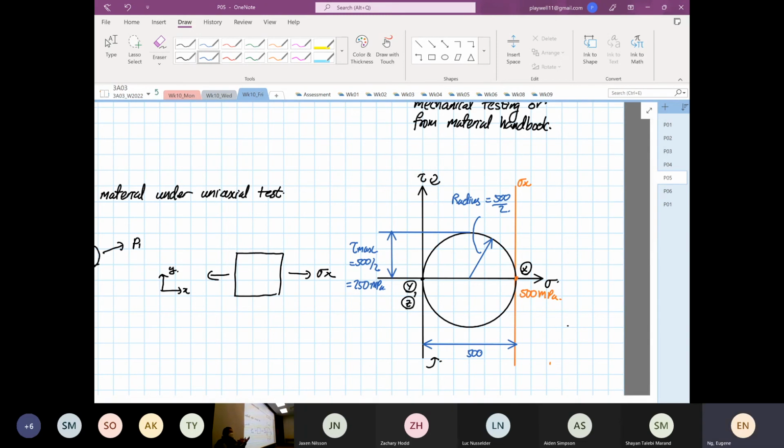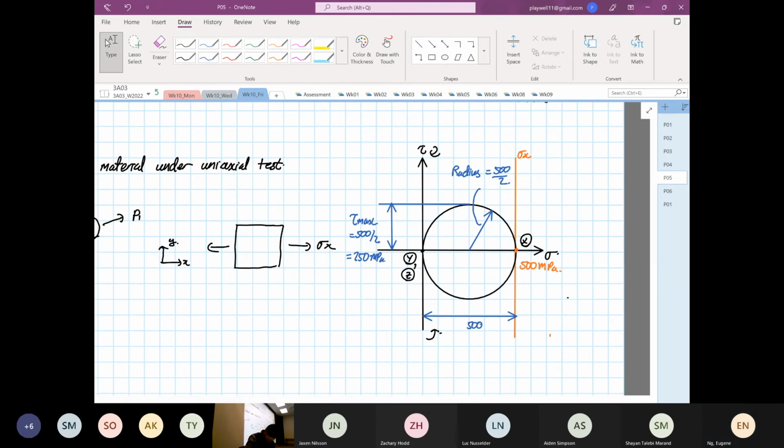So when that's the case, which is bigger, the normal stress value or the shearing stress? Which is the smaller value? The shearing stress, yes or no? Therefore, we know that tau max is equal to the principal stress max divided by 2, or the yield stress divided by 2.